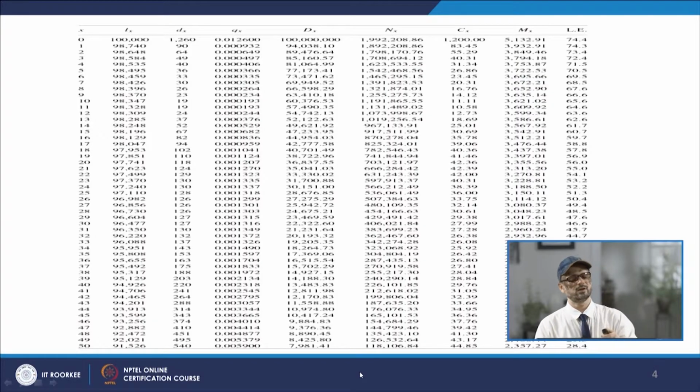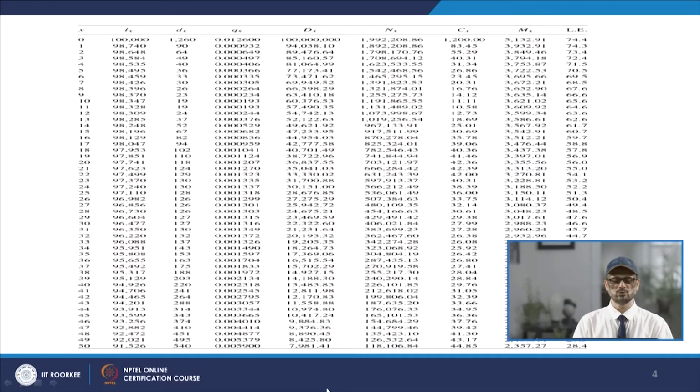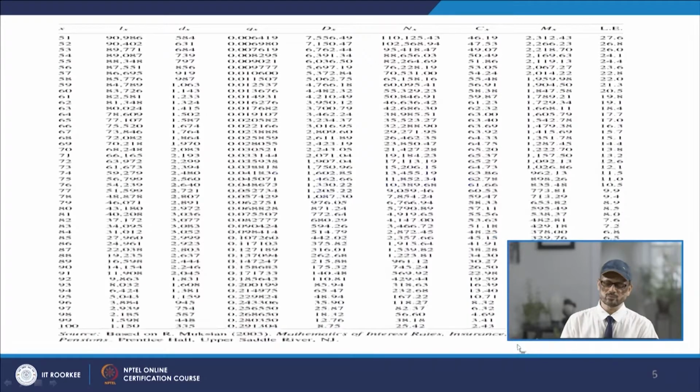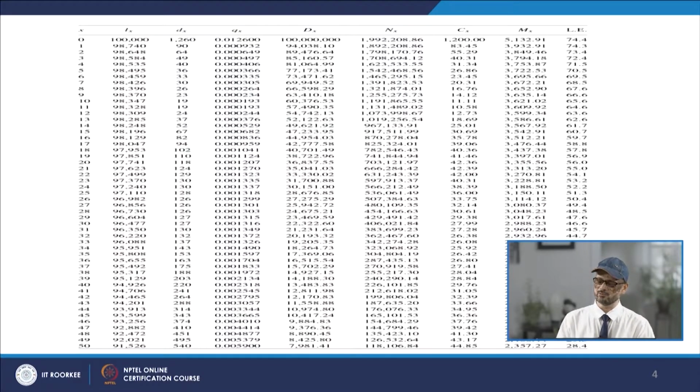You refer to the table for 49. If you look at the Mx table, for 49 it is 2400.44, and then divided by Dx.